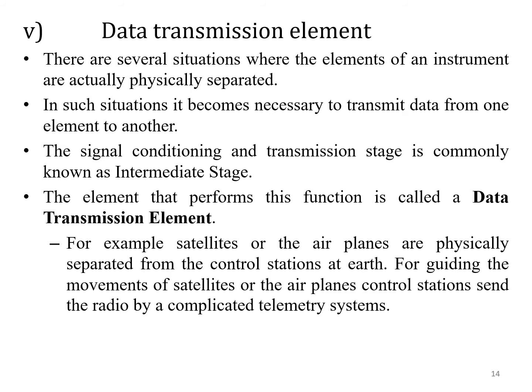The element that performs this function is called the data transmission element. For example, satellites or aeroplanes are physically separated from the control station on Earth. For guiding the movement of the satellite or the aeroplanes, the control stations send radio signals by a complicated telemetry system.